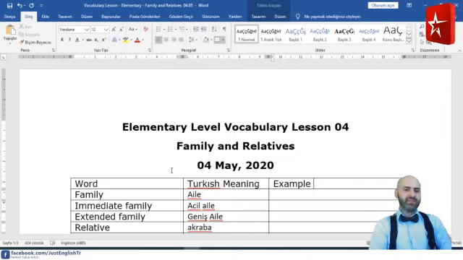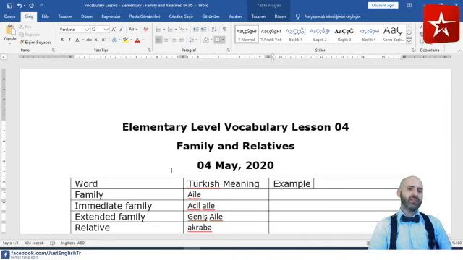Immediate family is your mother, father, husband or wife, son and daughter. Okay? This is your immediate family, and other members of the family are extended family. For example, your aunt, uncle, cousins, they are extended family.